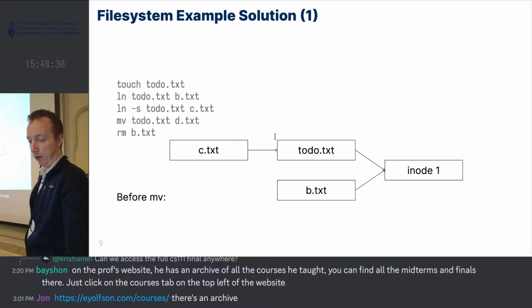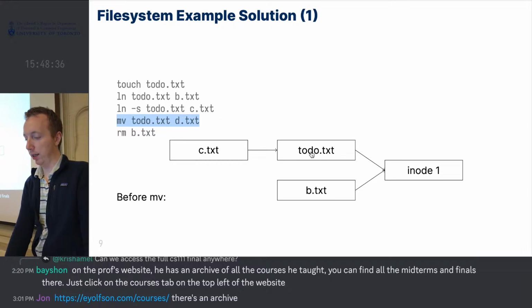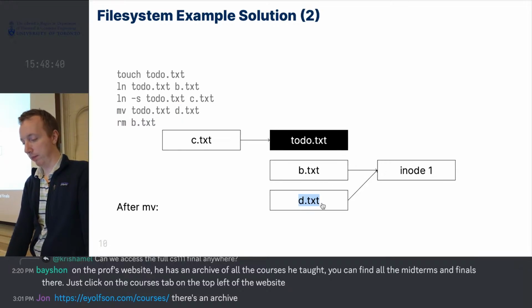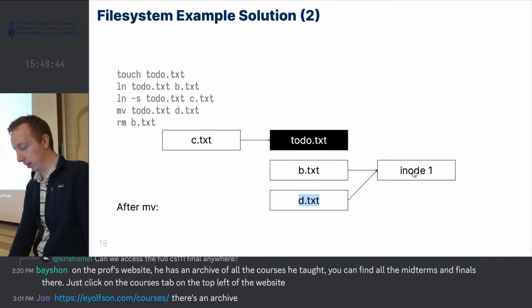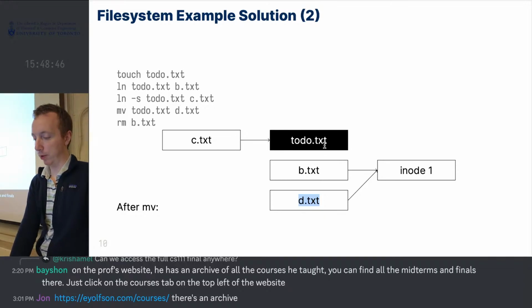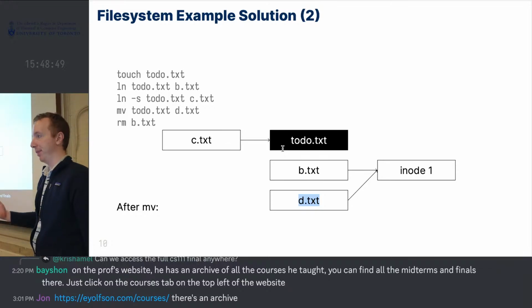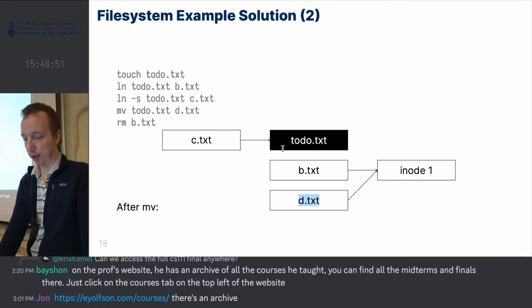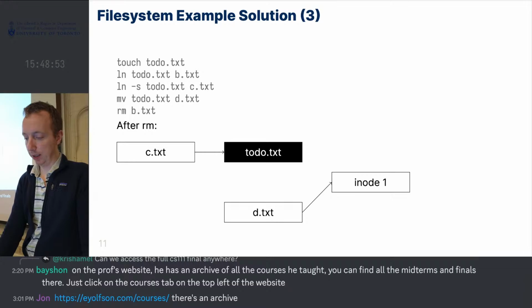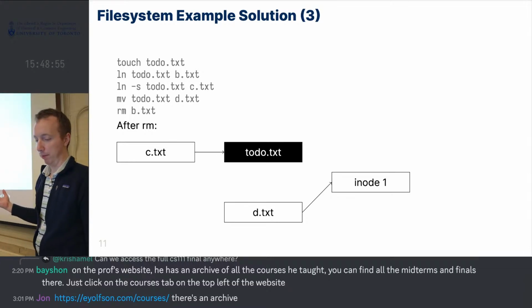And then if we do this move command, what move is going to do is just rename todo.txt to d.txt. So in that case, like we did before, it would change d.txt. It also points to the same inode, but now todo.txt doesn't exist in this directory. So now if we remove b.txt, our file system looks like this.